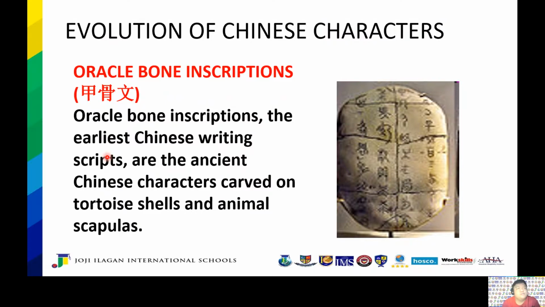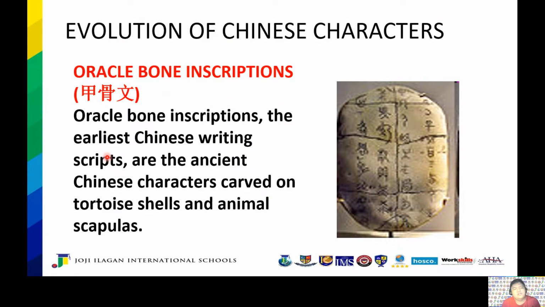First are the oracle bone inscriptions, or jiaguwen. Oracle bone inscriptions are based on early Chinese scripts, and again, they are based on actual phenomena. These are like drawings carved on tortoise shells and animal scapulas, basically oracle bones. Why are they called oracle bones?